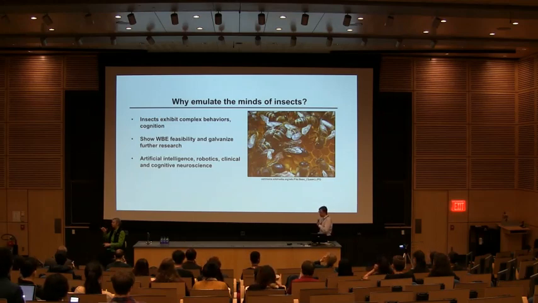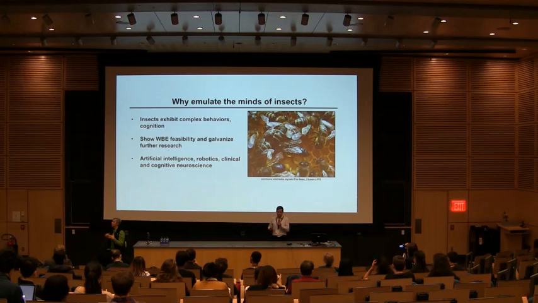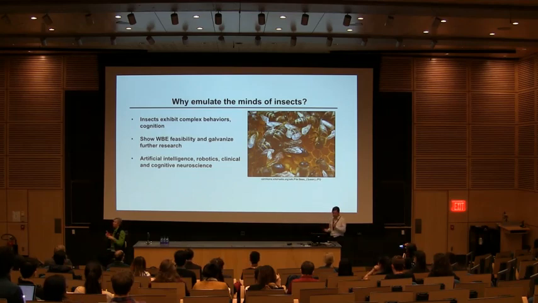And then in addition to this, using insects as an intermediary for the brain emulation of mammals and then maybe eventually humans could lead to a good stepping stone, which would galvanize further research by demonstrating in a very dramatic way that insect behaviors can be recapitulated in silico using insect brain emulation.